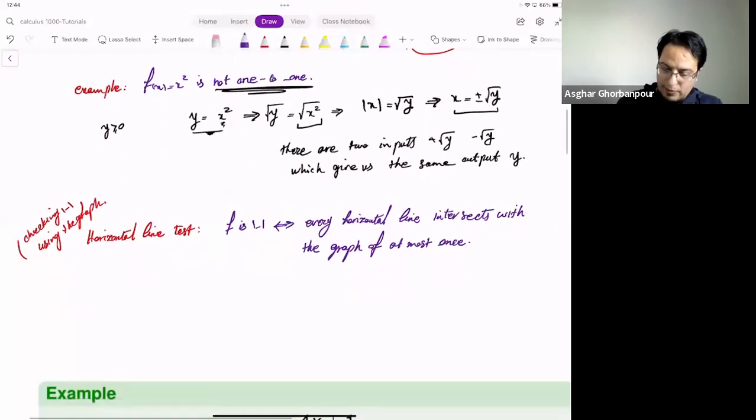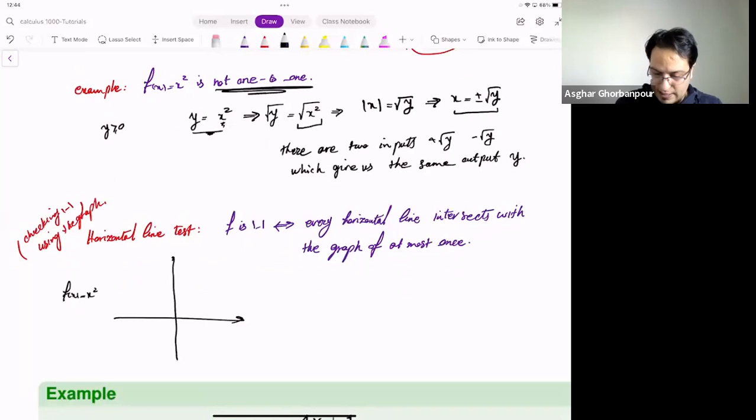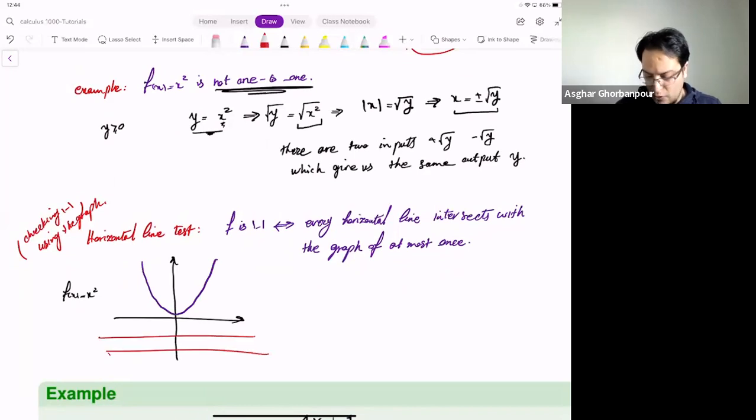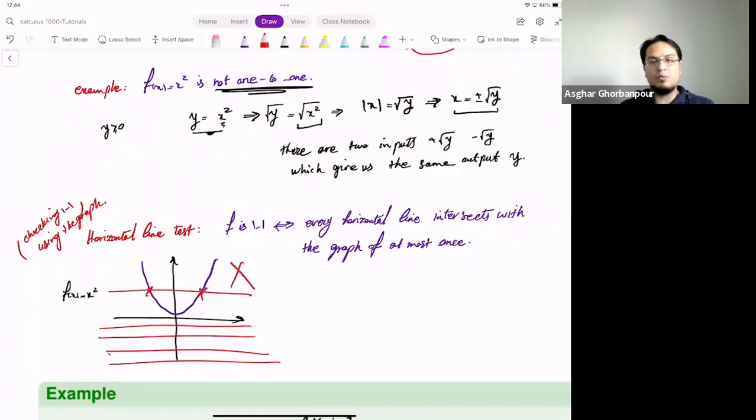Well, for example, the example that we have here, f of x equal to x squared. Check the graph. This is the famous parabola. If you draw horizontal lines here, there are no intersection points. So it's good. But if you go to the positive side, oh, there is more than one. So this is why this is not one-to-one.